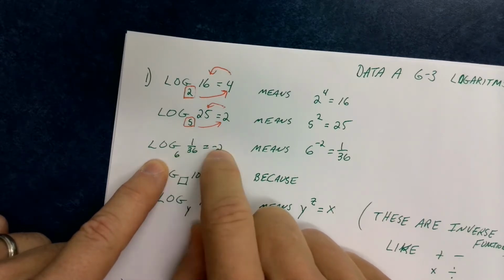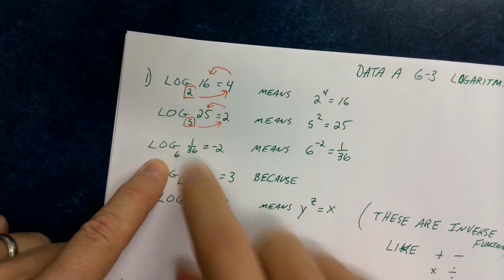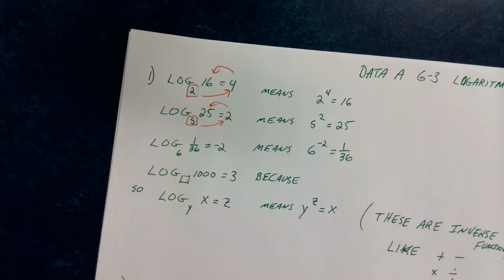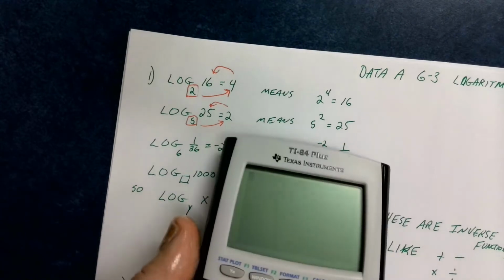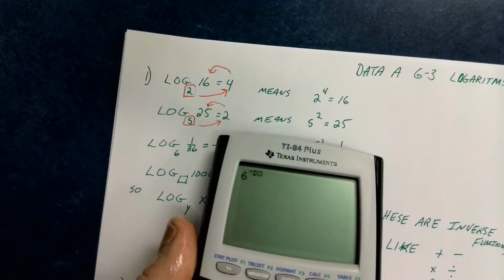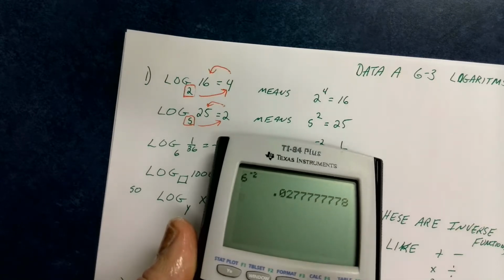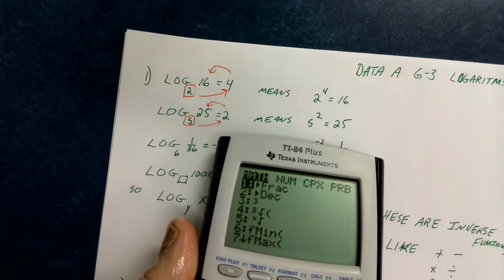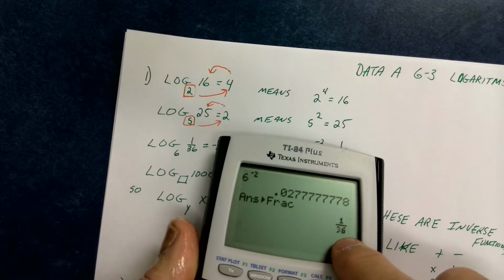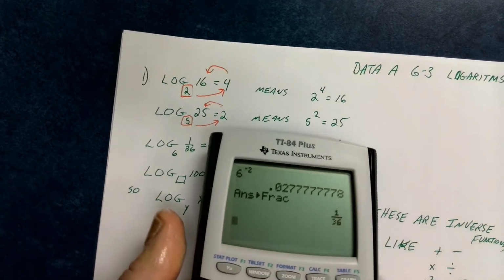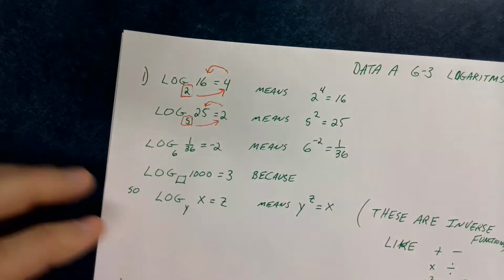So 6 to the -2 equals 1 over 36. I can show you that quickly on the calculator here. 6 raised to the -2 power, enter, you get that as a decimal, but you're like, hey, what is that? Well, math frac, number 1, you can see that it is 1/36th. So it's not like we're not getting the right stuff on it.